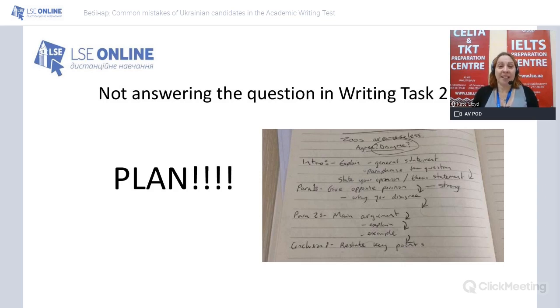And writing a plan can be the difference between the score you want and missing the score you want because your writing score is not high enough. The plan will help to keep you in the right direction, to keep you on the point and stop you going this way or going this way. Keep where you're trying to go. And where we're trying to go is to the conclusion.